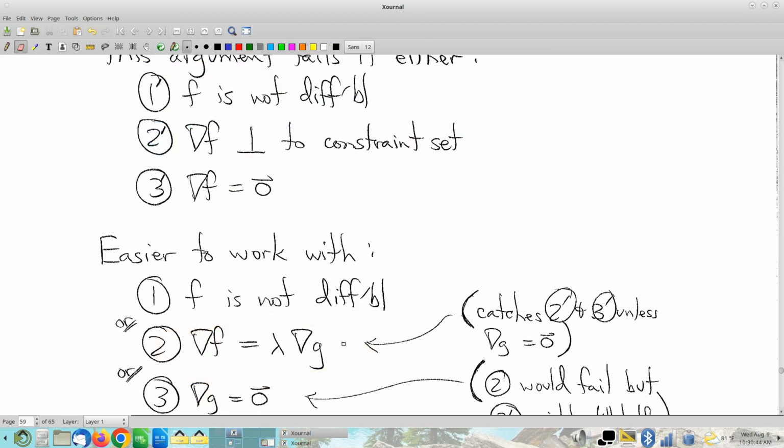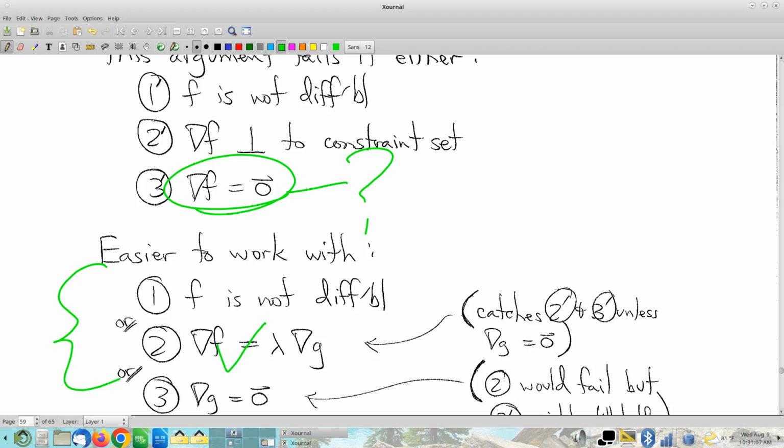There is also the business about, hey, why didn't I keep that condition? If the gradient of f is equal to 0, doesn't that really kill the argument? Am I not worried about that here? Well, I actually have that on here. That would be caught by this condition right here.